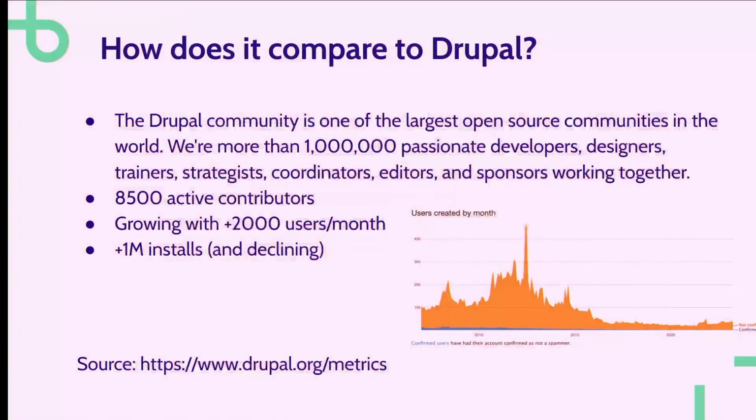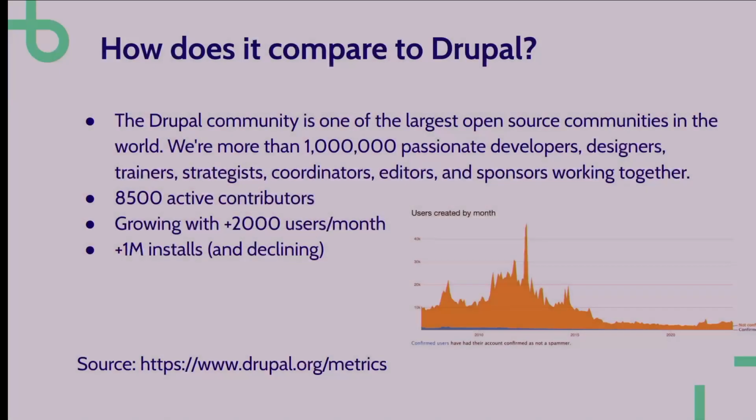Now, how does it compare to the Drupal community? Look, the Drupal community is more than 1 million, with 8,500 active contributors. That's a lot of people, still growing with 2,000 users a month. On the other hand, the number of installs is declining, as we all know, from the peak in 2017, 1.2 million installs, towards, I think, 780K active installs.